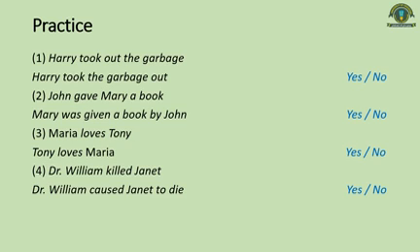Now number 4, Dr. William killed Janet and Dr. William caused Janet to die: yes, for example, in the situation where Dr. William is the person who caused Janet to die, but not intentionally, say by sending her to a place where, unknown to him, she was attacked. Someone else could in fact be guilty of killing her.